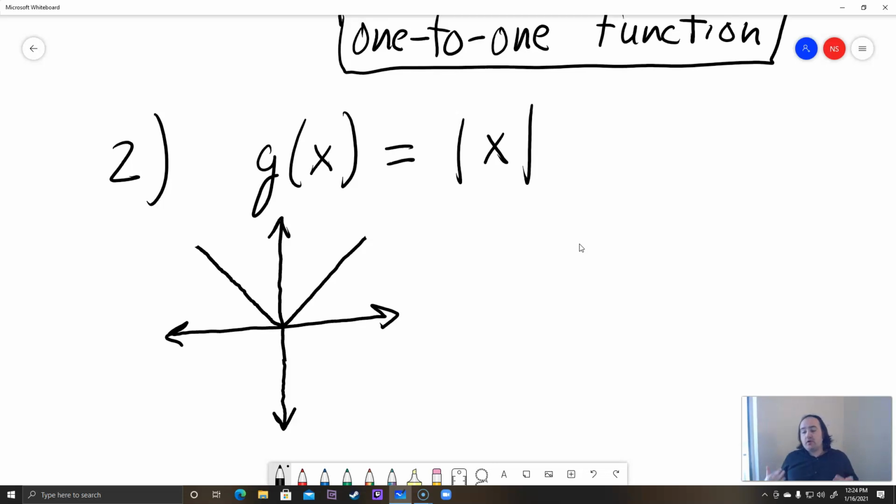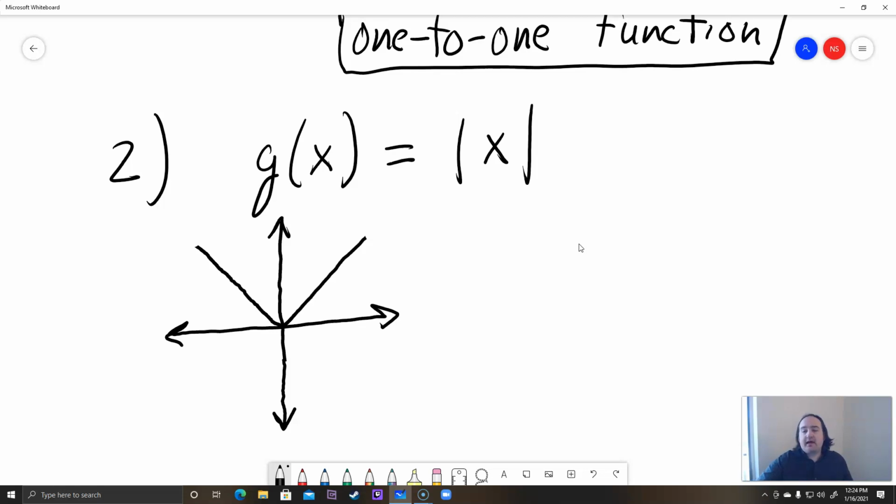Now we're just going to be focusing on the graphs because many times the easiest way to determine whether a function is one-to-one or whether it's a function is to just look at the graph, as I said, using a graphing calculator or a graphing utility. If you want to do it without a graph, it can be more difficult.